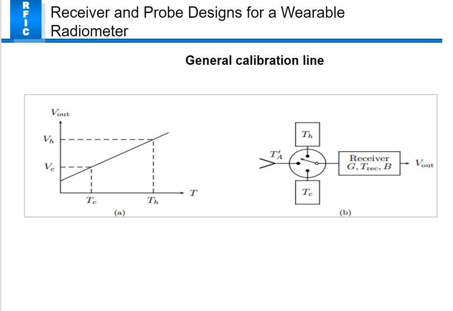As you can see in the first figure, A, the radiometer has V_H and V_C, the hot and cold output voltages corresponding to the input temperatures T_H and T_C, in a two-load radiometer. In the second figure, the radiometer is constantly calibrated using an RF switch at the front of the receiver.